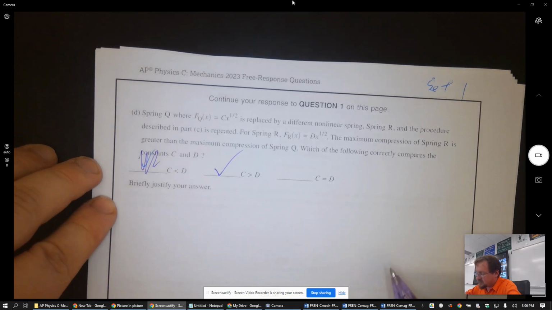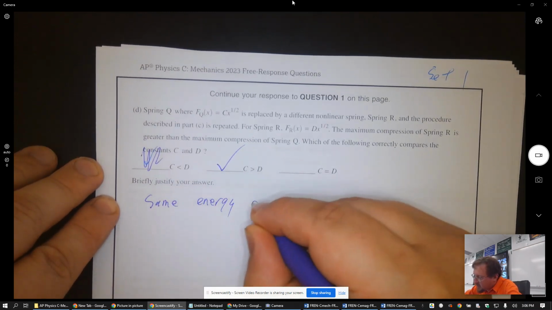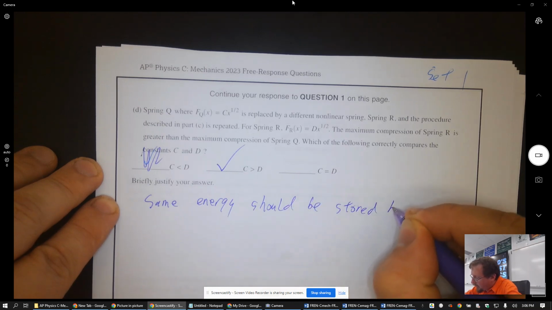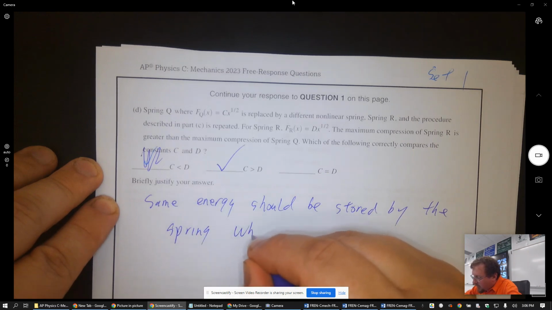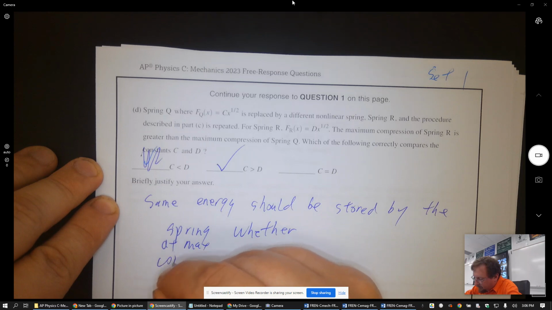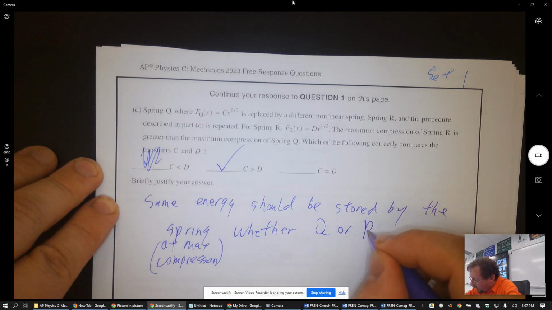Briefly justify your answer. So I'm going to say the same energy should be stored by the spring, at maximum compression, whether spring Q or spring R, right?